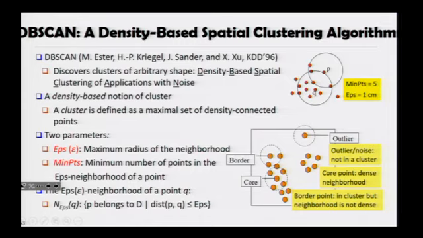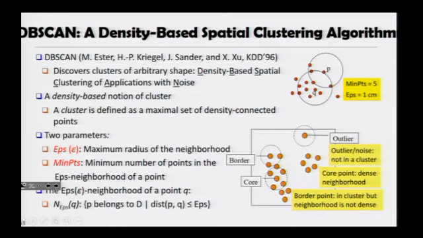Usually when we talk about density, we need to have a size of the neighborhood we are considering, and we also have a number of data points in that neighborhood to calculate the density. That leads to the two major parameters of this method.